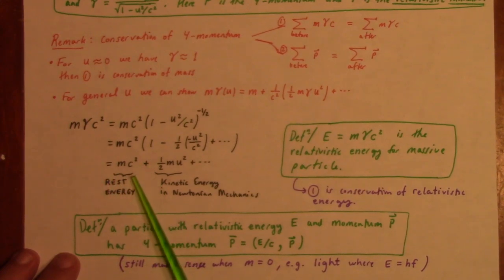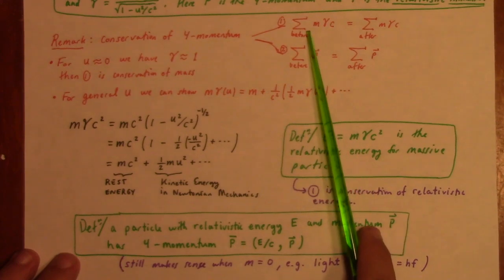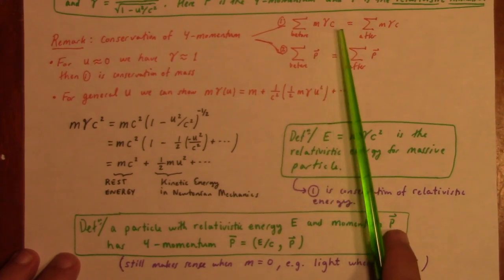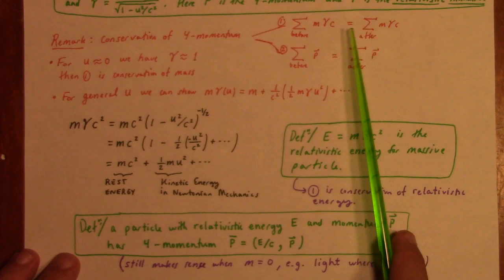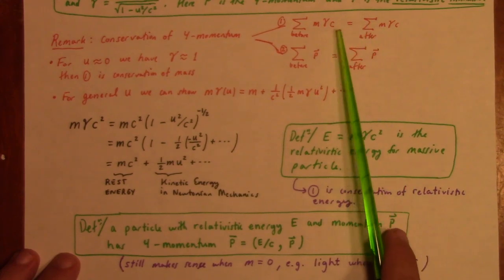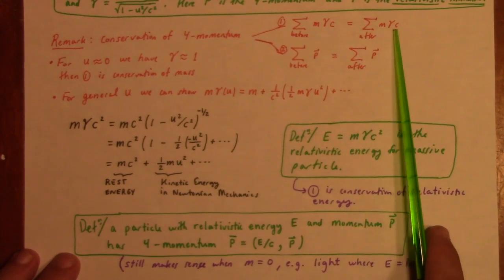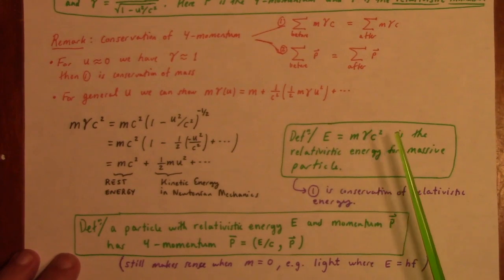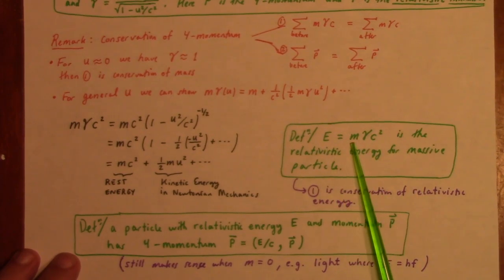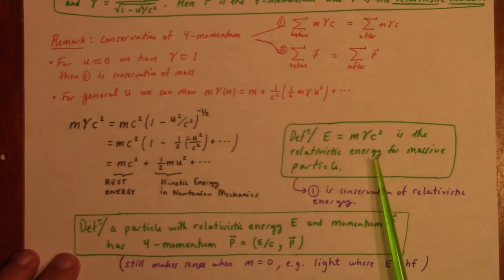So in retrospect, if we take the temporal components of the four-momentum and multiply them by c, what we've got is energy. So this leads us to define the relativistic energy as m gamma c squared. This is the relativistic energy for a massive particle. And in view of that, number one is nothing more than the conservation of relativistic energy.